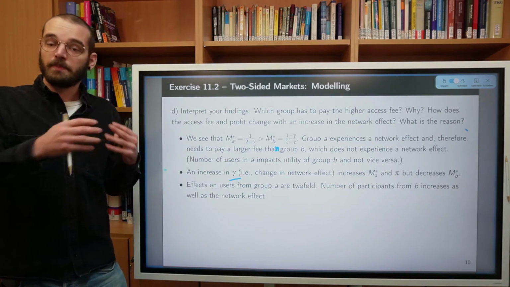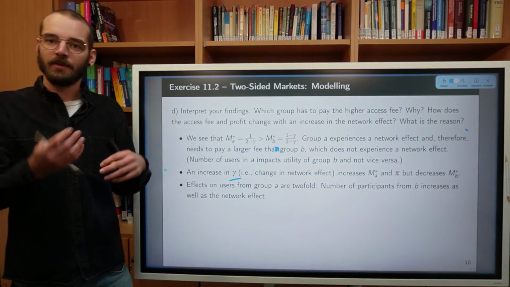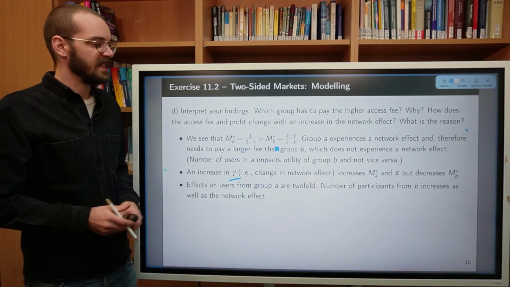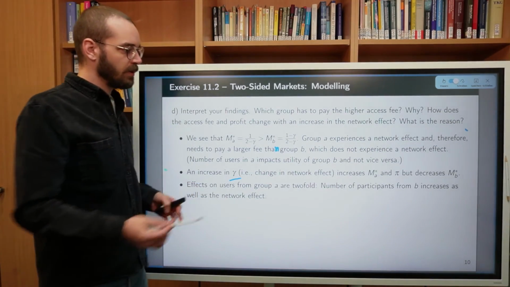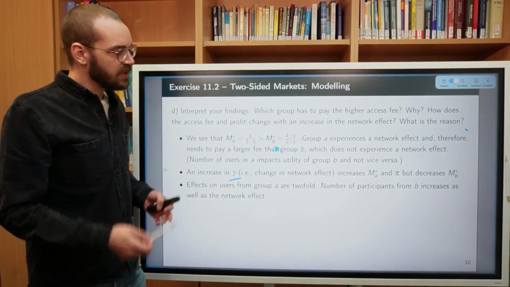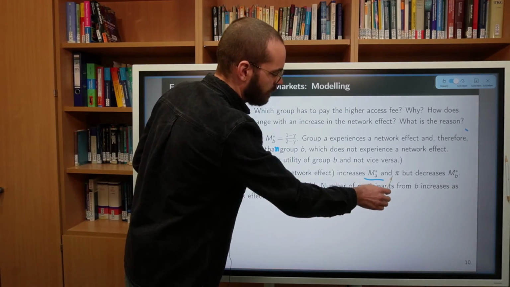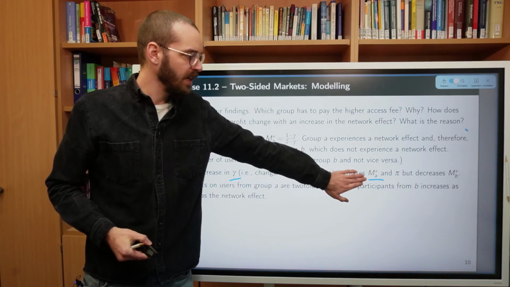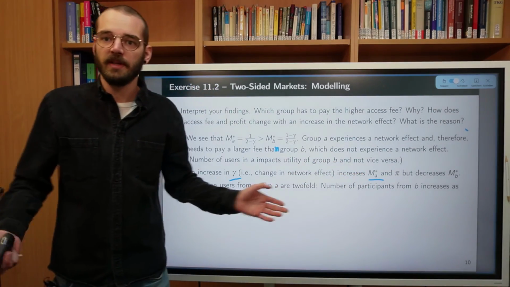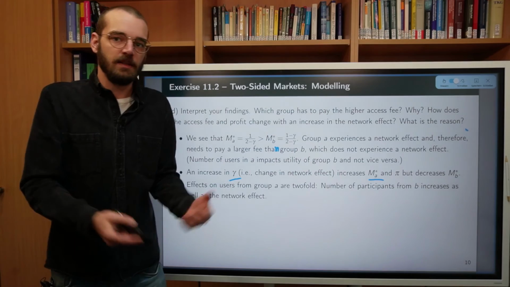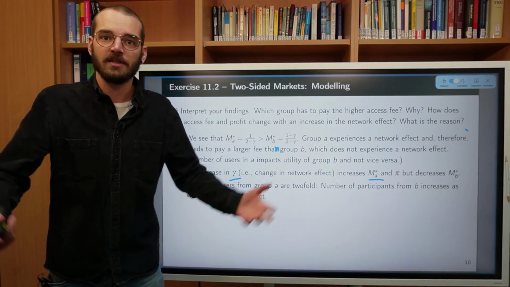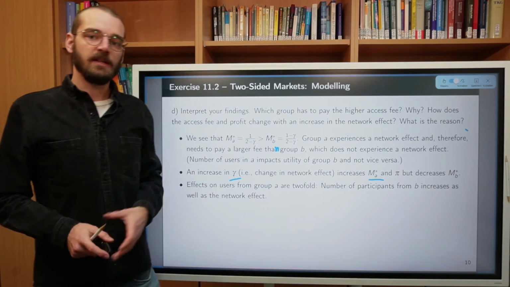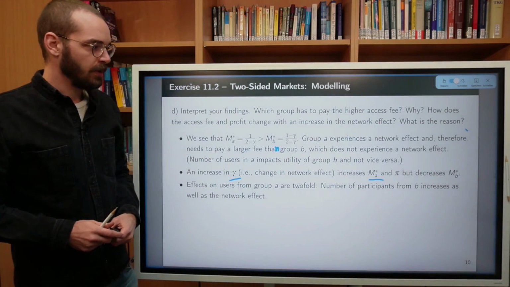Because we are talking about pricing structure, and this is now looping all the way back to the beginning of this exercise and even the previous exercise, we will observe that while an increase in this spillover effect increases the participation fee of group A, the one experiencing spillover effects from the presence of the other group, at the same time it will decrease the participation fee from group B.